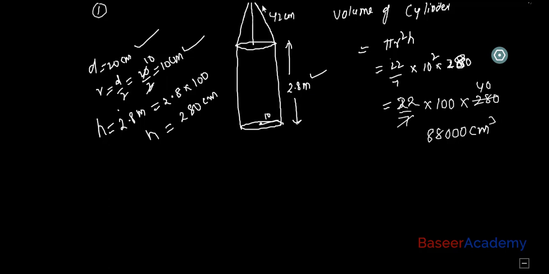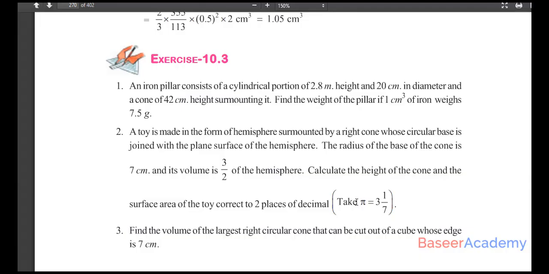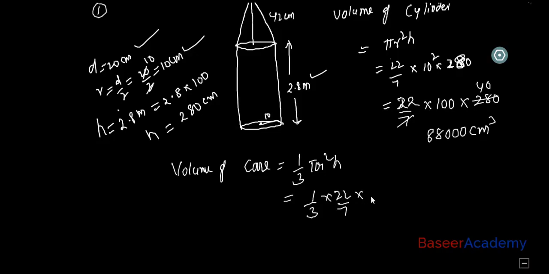Now we'll find out the volume of the conical portion. Volume of cone is 1 by 3 pi r square h. Pi is 22 by 7. The radius of the cone is the same as the radius of the cylinder, which is 10, and the height of the cone is 42.